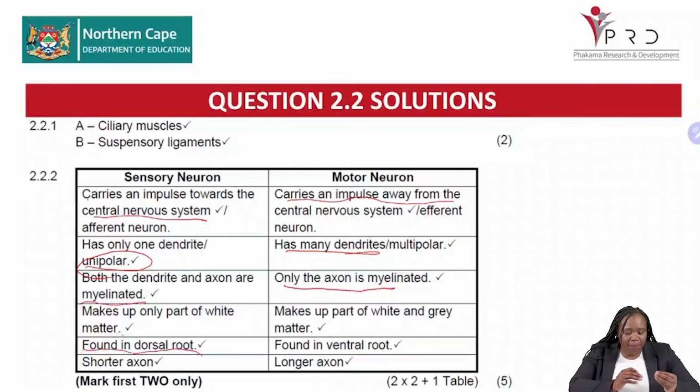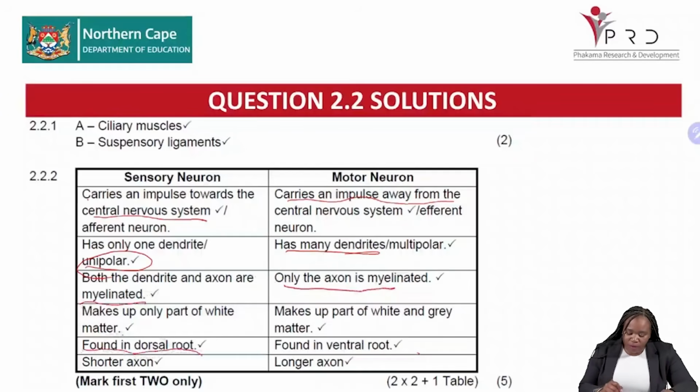Remember, this is based on the position of the cell body. In the dorsal root, we have the dorsal root ganglion, which shows that it accommodates that centrally located cell body of the sensory neuron, which is not the case with the ventral root. It doesn't have a ganglion because the motor neuron does not have that centrally located cell body. Lastly, the sensory neuron has a shorter neuron, whereas the motor neuron has a longer neuron.